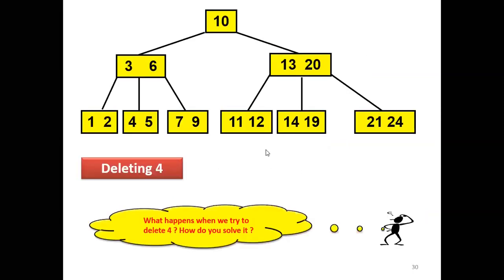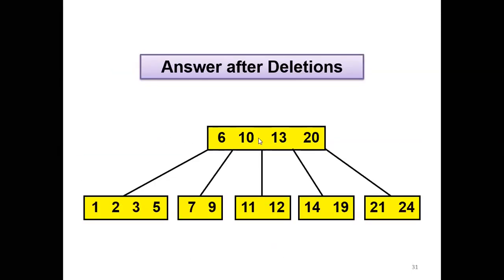So if you go back, we have 20, we have 13, we have 10, then the 6, because 3 will come down to replace this 4. So finally we have 6, 10, 13, 20, and the leaf nodes are 1, 2, 3, 5, 7, 9, 11, 12, 14, 19, 21, and 24.